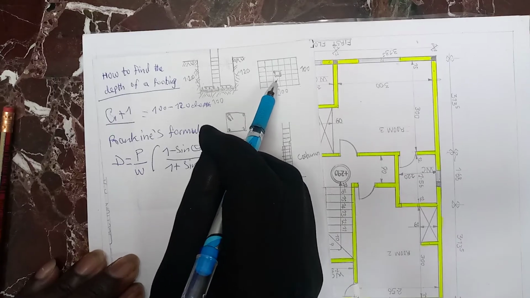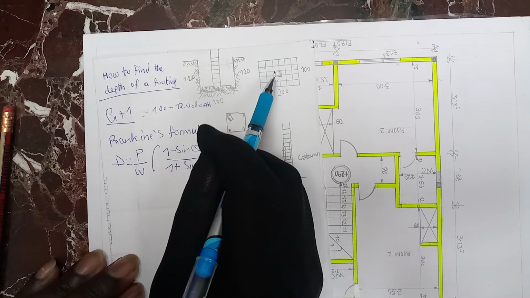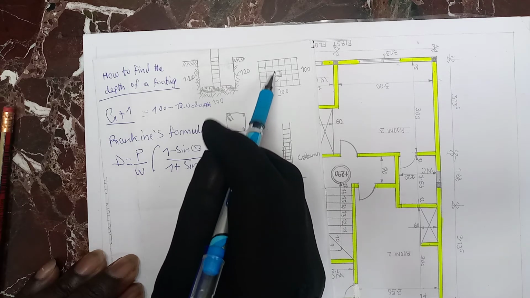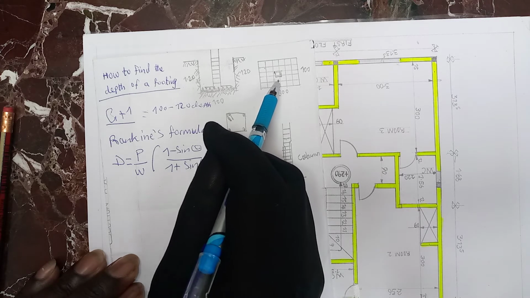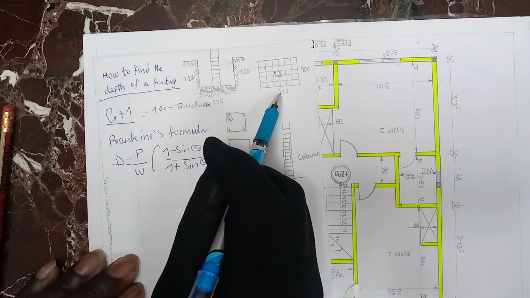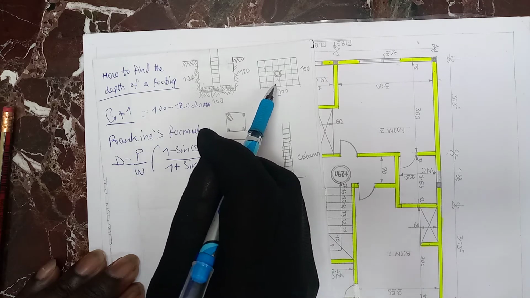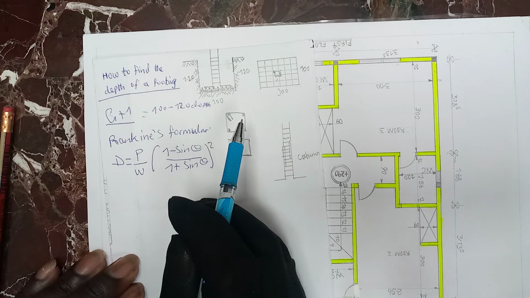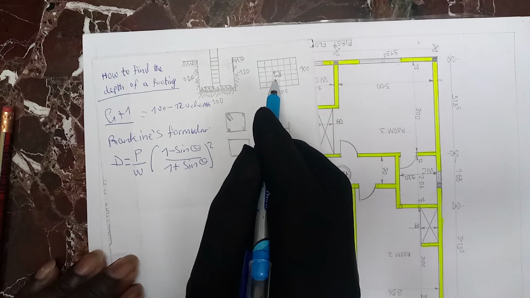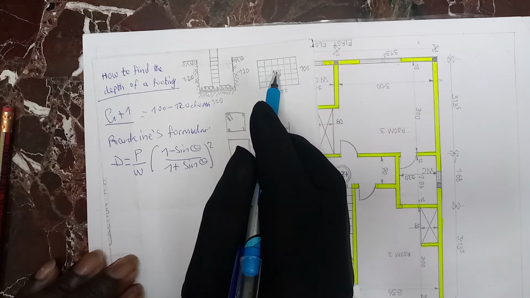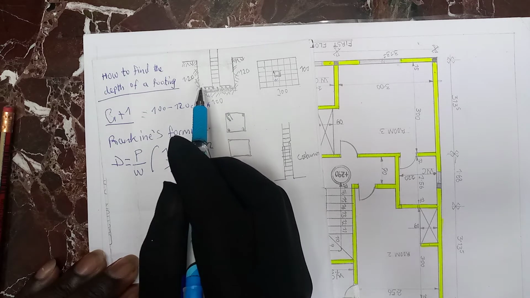If the column is not at the center, it can easily have problems. It can easily sink, because when the load comes, it will be shared mostly towards one direction, and that side will easily sink. So you are already seeing the difference. If it is not at the center, it can easily sink. That's why it is directly at the center.